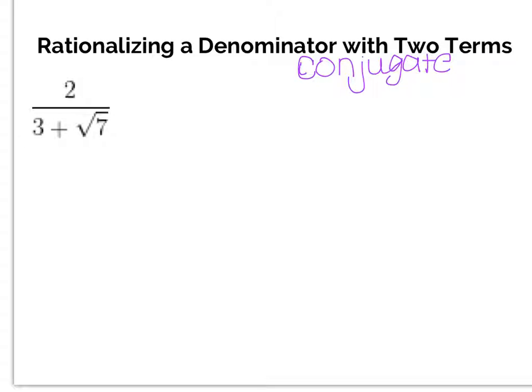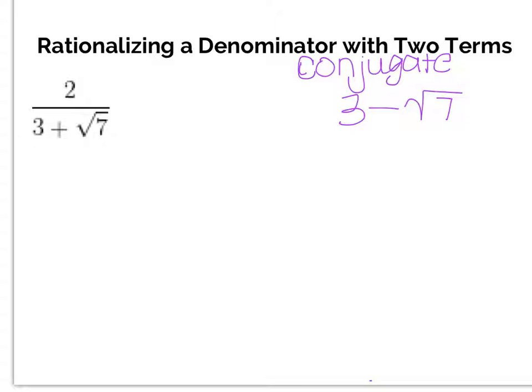The conjugate is simply the denominator with the opposite sign. So for this particular example, the conjugate is going to be 3 minus the square root of 7. Again, it is your denominator, just with a change of sign.